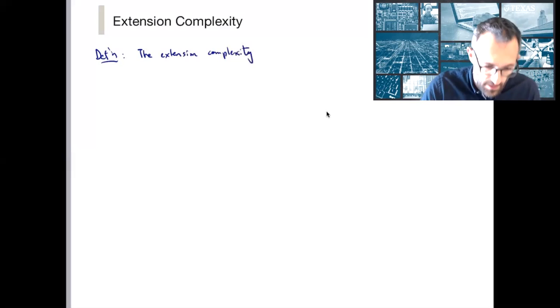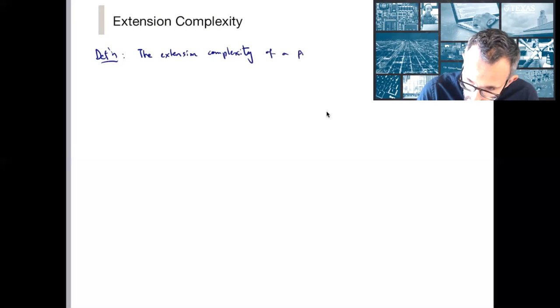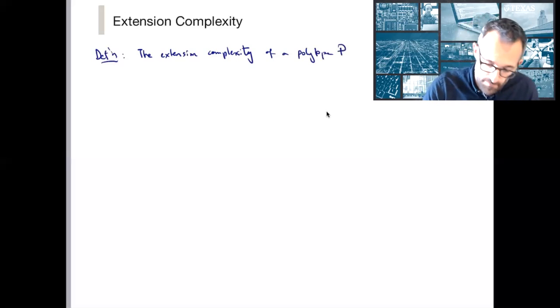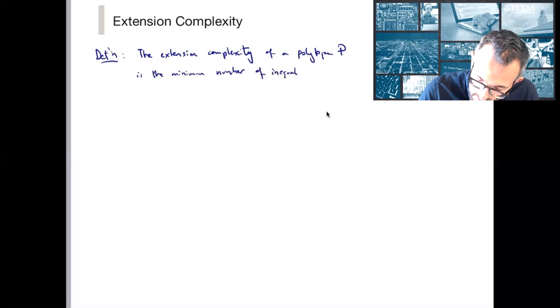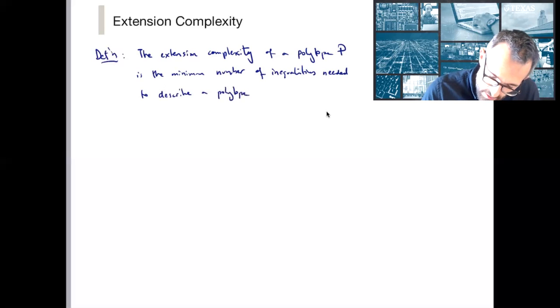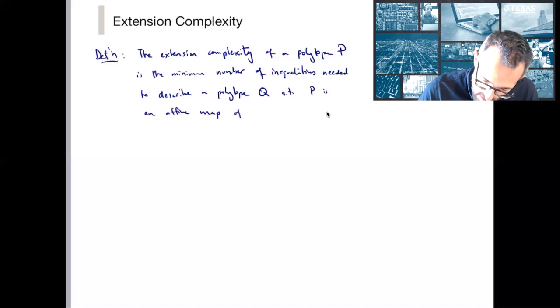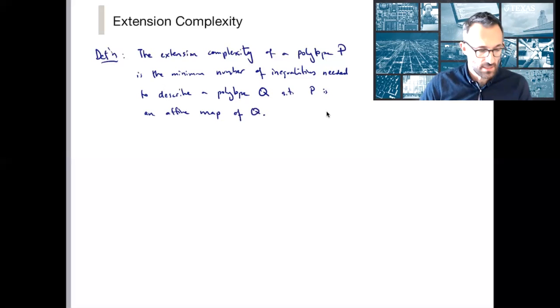The extension complexity, or extended formulation complexity, I'll use both of those interchangeably, of a polytope P is the minimum number of inequalities needed to describe a polytope Q such that P is an affine map of Q.